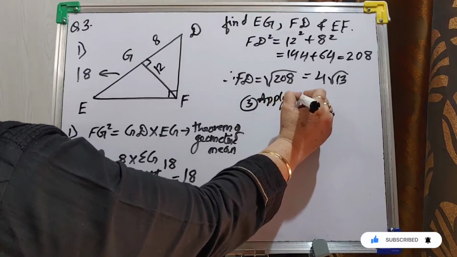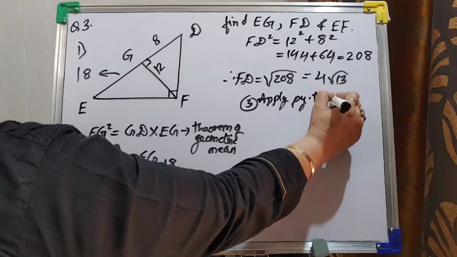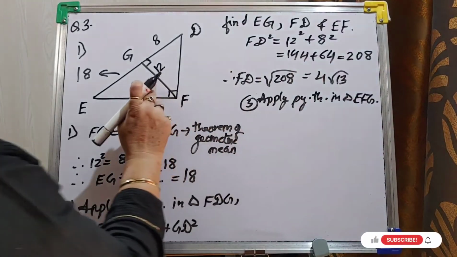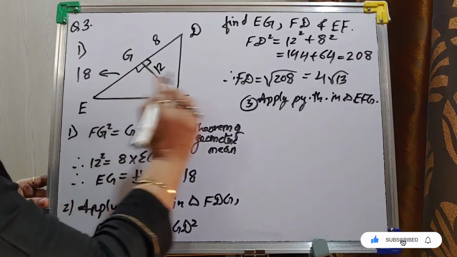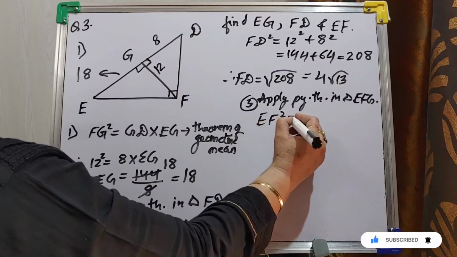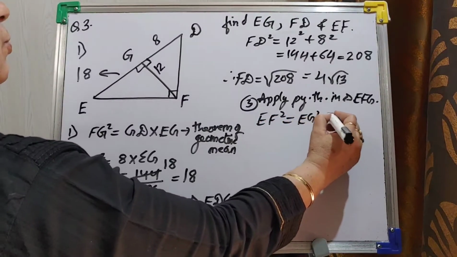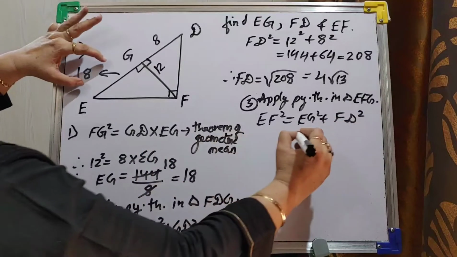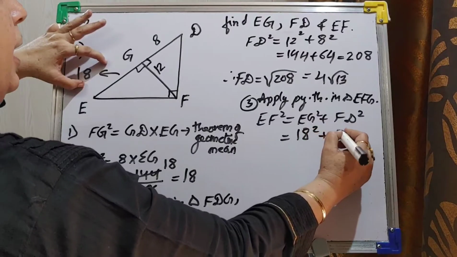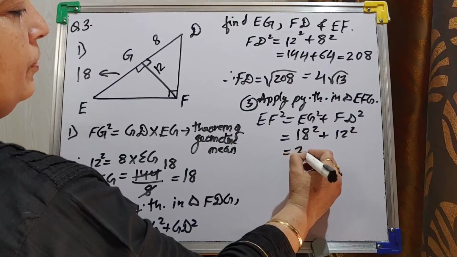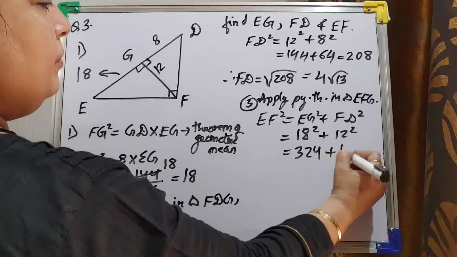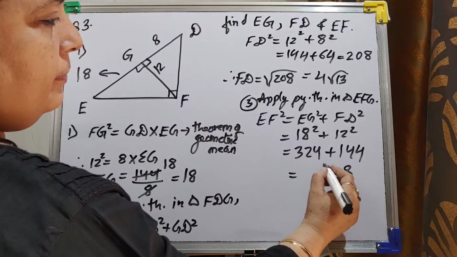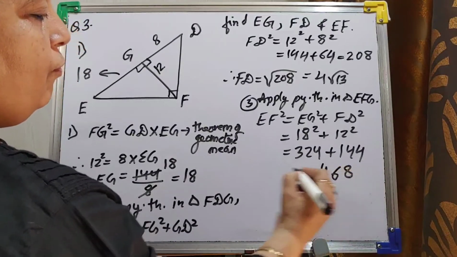So apply Pythagoras theorem in triangle EFG. Opposite to 90 degree is EF. So your EF square will be EG square plus FD square. Now your EG is 18, FD is 12, this is 324, this is 144, 468.